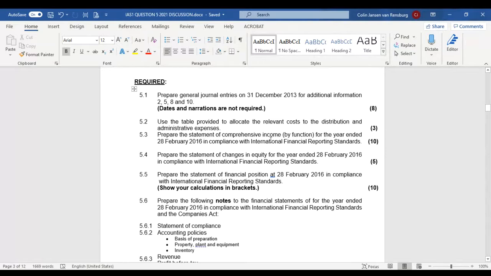Now I know Mr. Borman hates it when I change questions, but I'm going to change that a little bit. I'm going to say use the table below to allocate the relevant expenses. And I'm going to talk about this just now, about expenses and costs to the distribution and administrative cost functions.